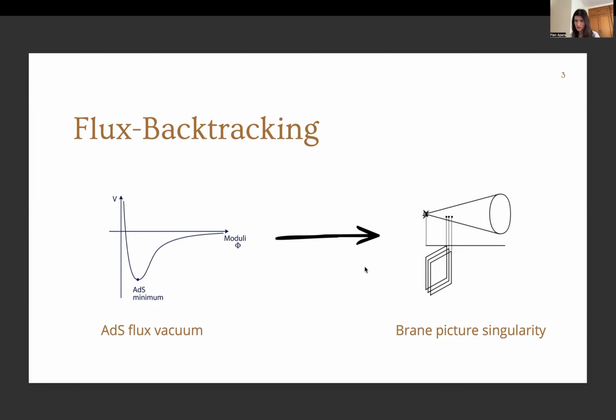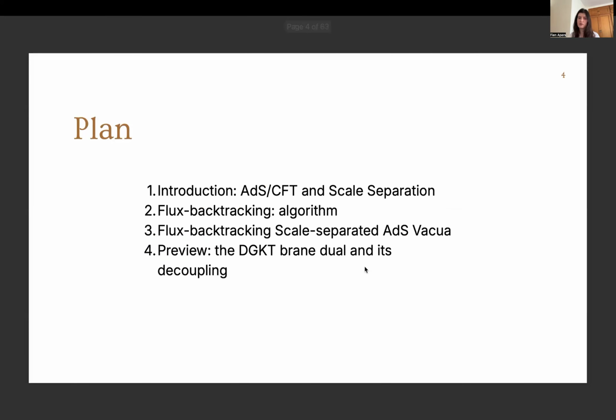So the plan of the talk is as follows. I will start by introducing scale separation in the context of the AdS/CFT correspondence. Then I will explain the flux backtracking algorithm, and I'll apply it to some simple examples where we know what we should get, and then to the scale-separated AdS vacua.